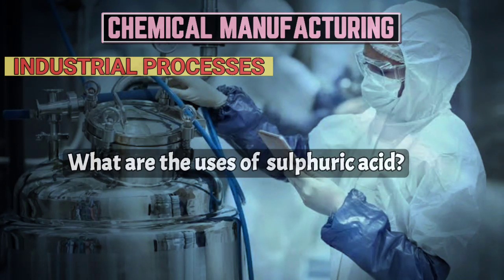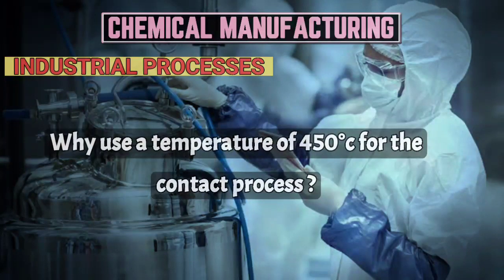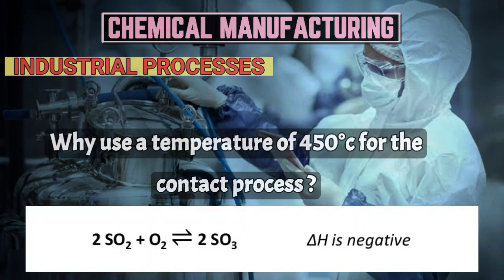Now, just as we've asked previously, why do we use a temperature of 450 degrees Celsius for the contact process? Looking at the equation of reaction, heat energy is given out when sulfur trioxide is formed, so the forward reaction is exothermic. If we do the reaction at low temperature, we should get more sulfur trioxide in the reaction mixture.